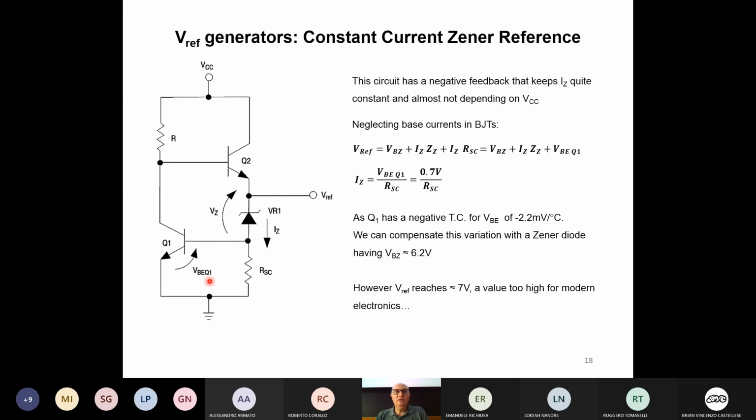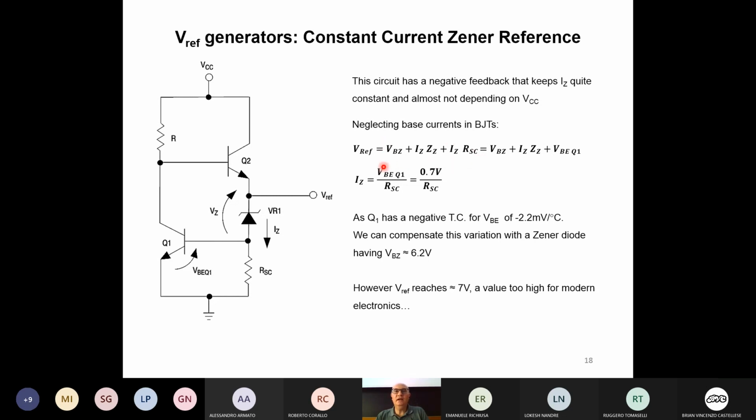Okay, if this is true, I can say that the VREF, the output of VREF, is given by the voltage across RSC, that is, I can see from the formula, IZ RSC, plus the voltage drop across the Zener diode, that is, as we saw before, VBZ plus IZ ZZ. Okay?